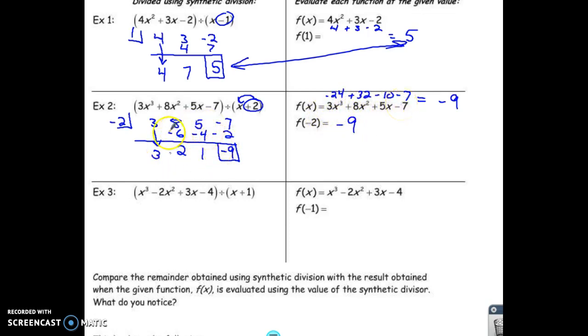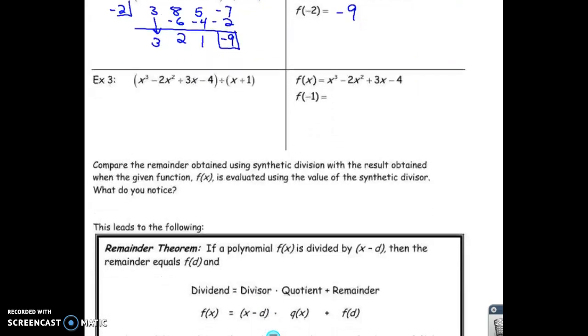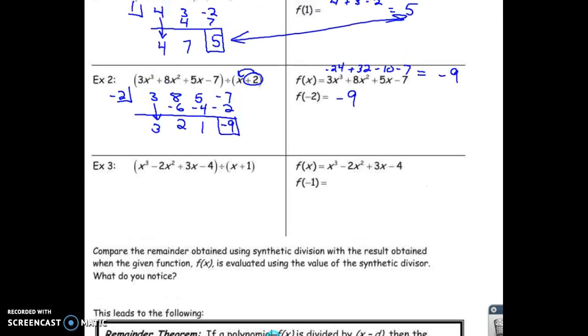I think this method is a lot easier than plugging in a negative 2, cubing it, squaring it, and that type of thing. All right, so let's go down a little further. And if we would happen to get a 0, then we would know that this would have gone into this evenly.